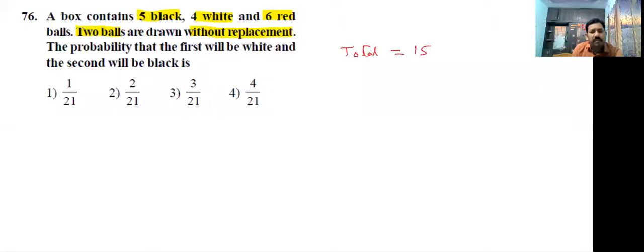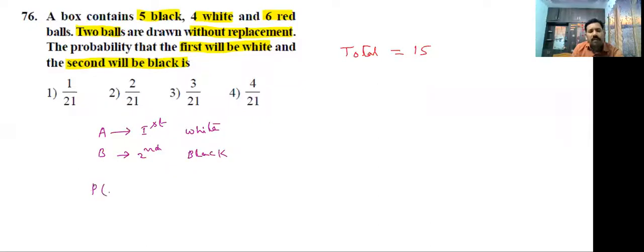The probability that the first will be white and the second will be black. So take A as the event that the first draw is white, then B as the event that the second draw is black.